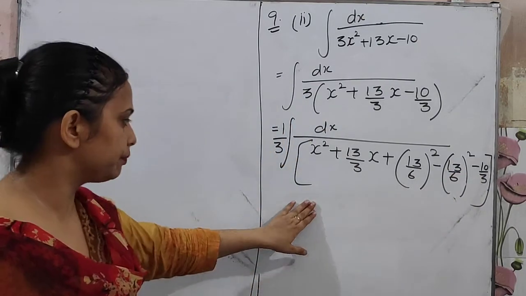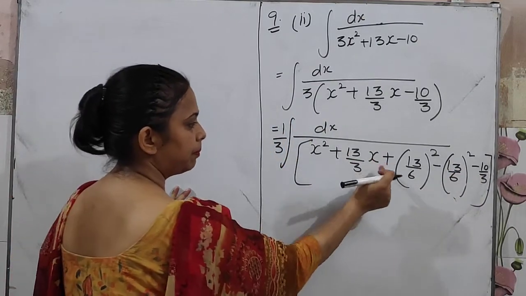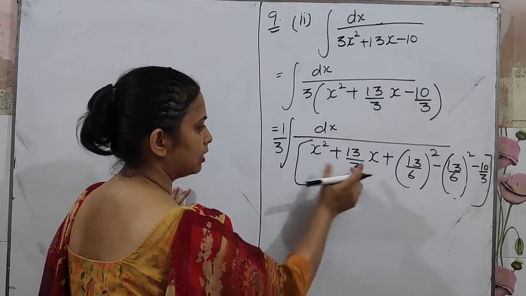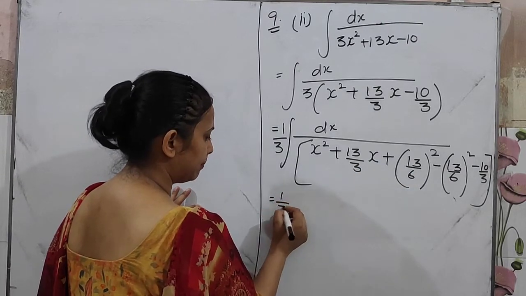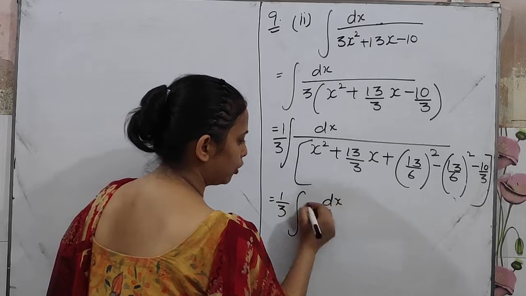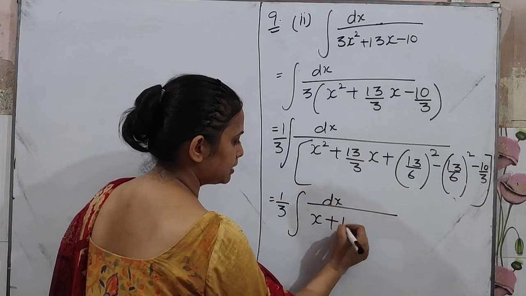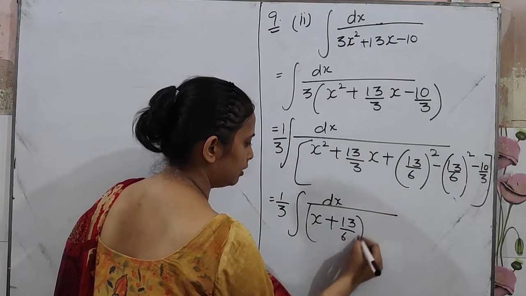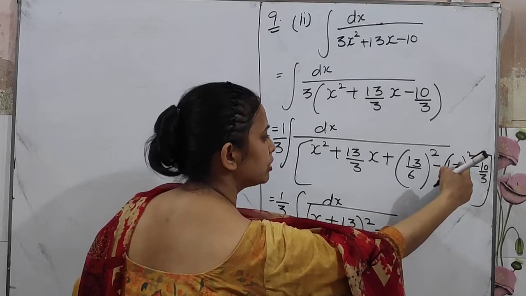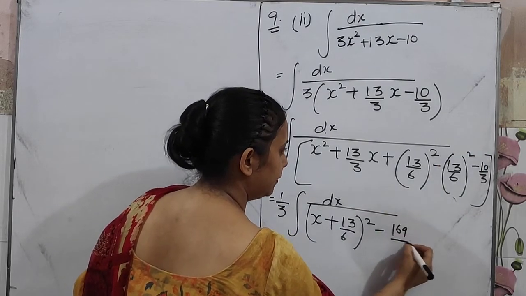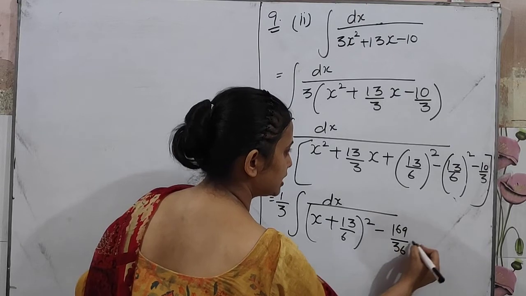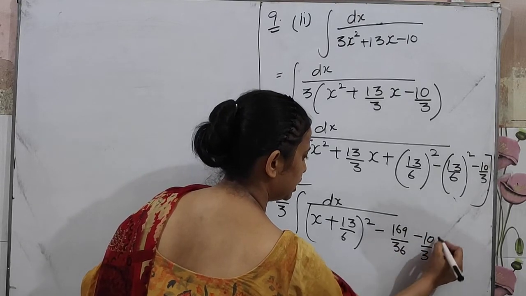Is that clear? a square plus 2ab plus b square is a plus b whole square. So 1 by 3 dx upon x plus 13 by 6 whole square minus. Now 13 square is 169, 6 square is 36, minus 10 upon 3.